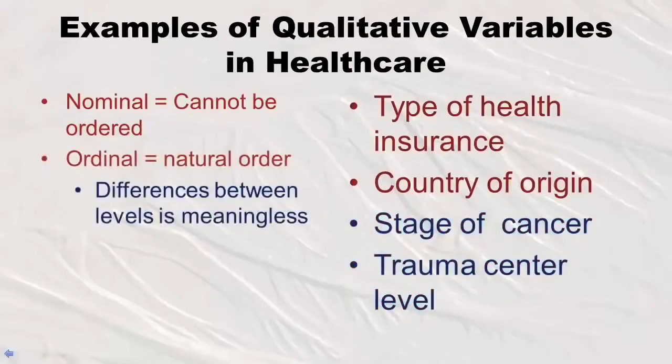Whereas ordinal is going to have a natural order, even though the differences between the levels is meaningless, which is what makes it so different from a quantitative variable. So which is why it stays on the qualitative side of the tree. It just gets labeled ordinal. So what you want to do is if you think you have a qualitative variable on your hands, look for a natural order. If there is one, it's ordinal, and if not, it's nominal.